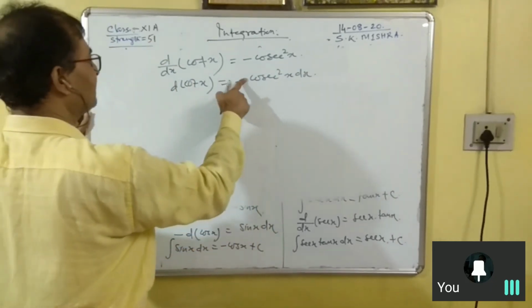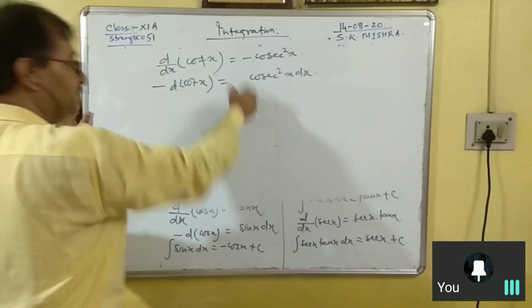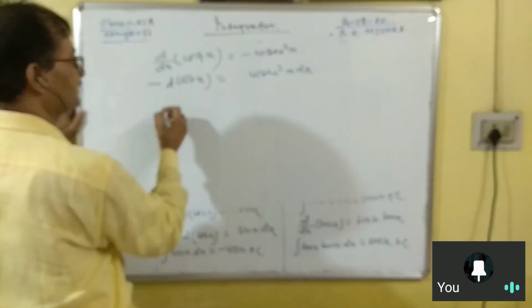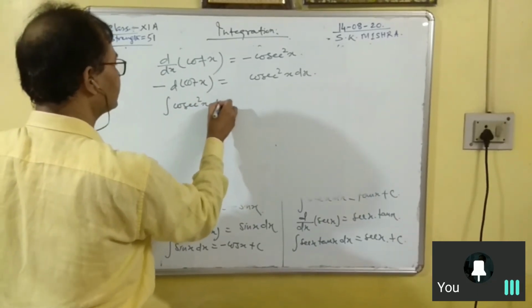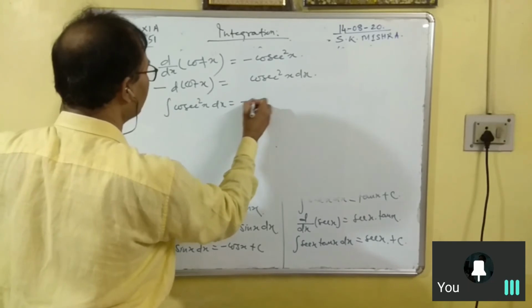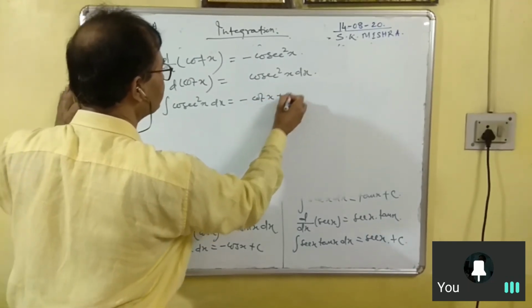So this minus can be written to the side, and if you integrate this, then this d will go. So integration of cosec square x dx is minus cot x only plus some constant c.